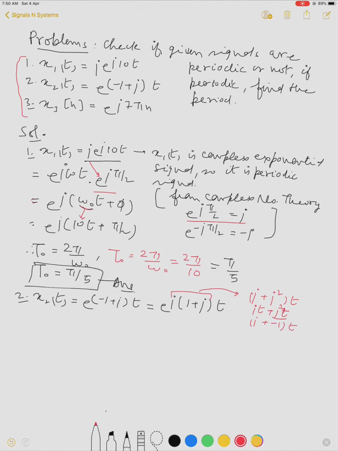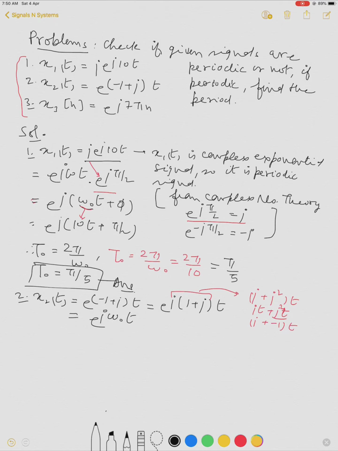So we can write this in terms of j(1 plus j)t. Again, compare this with the standard exponential, e raised to the power j omega t.